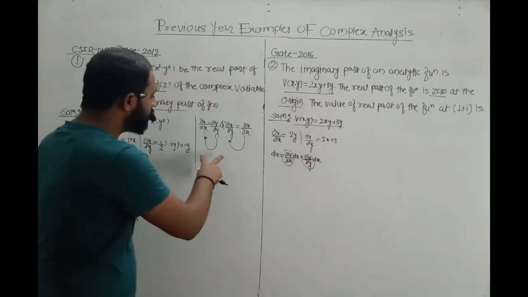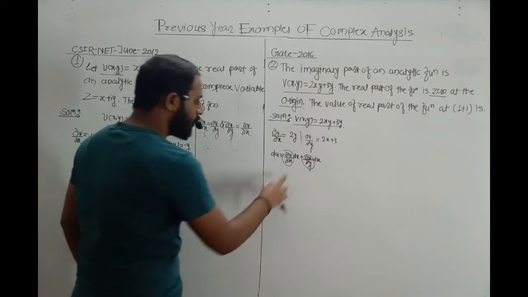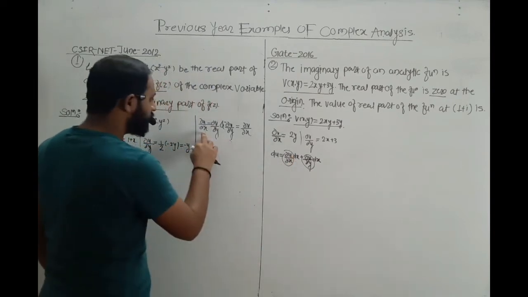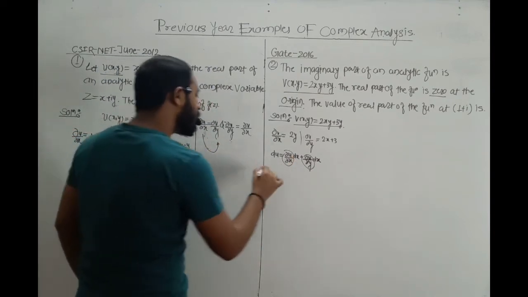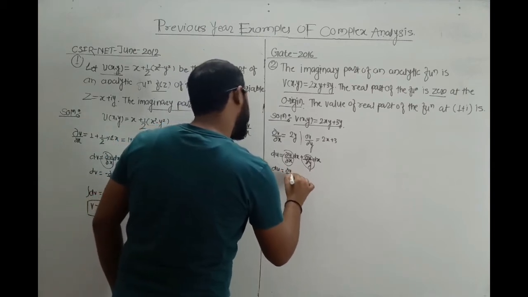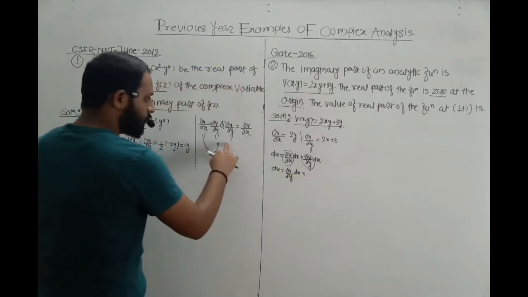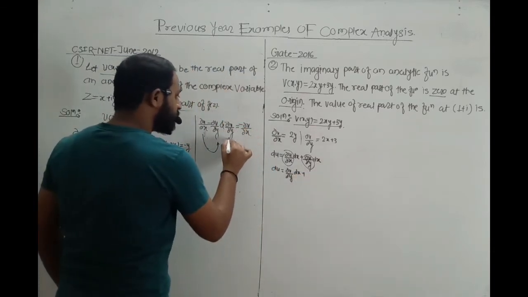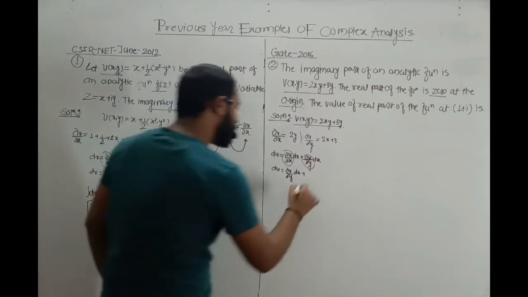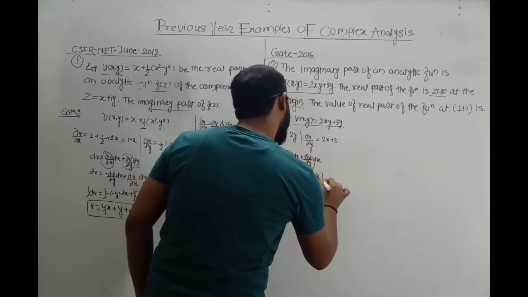Now just using the CR equations we have to replace. Therefore dou u by dou x is replaced by dou v by dou y into dx, and dou u by dou y is replaced by minus of dou v by dou x into dx.